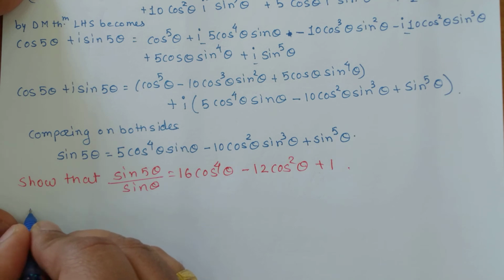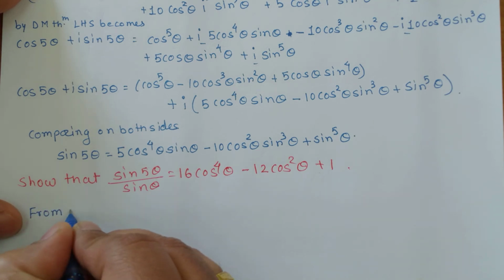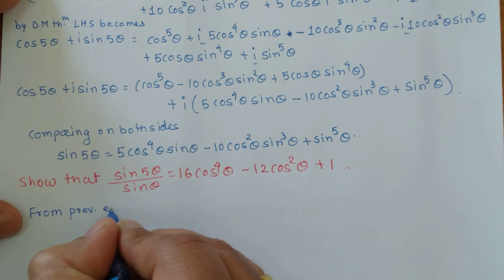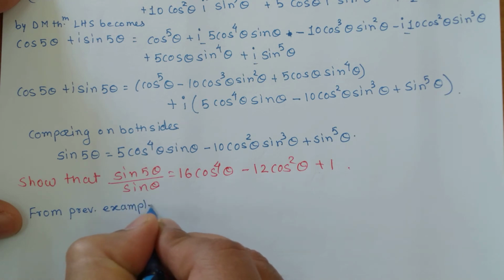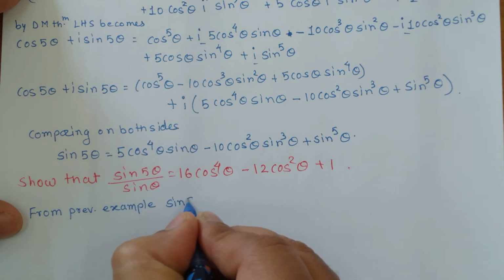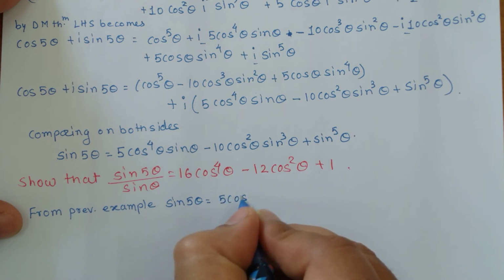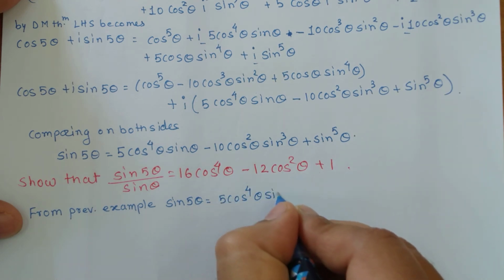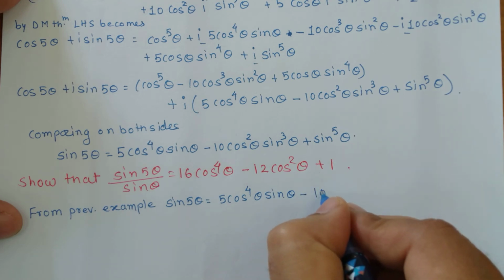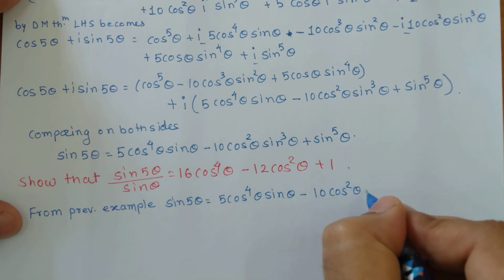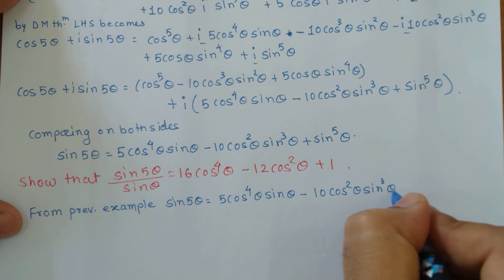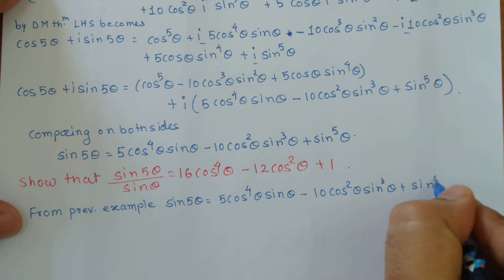So here I will write, from the previous example, the value of sin 5 theta is 5 cos raised to 4 theta into sin theta minus 10 times cos square theta sin cube theta plus sin raised to 5 theta.